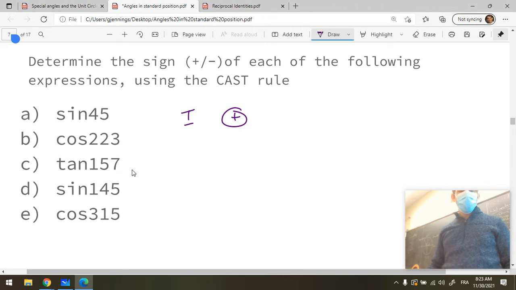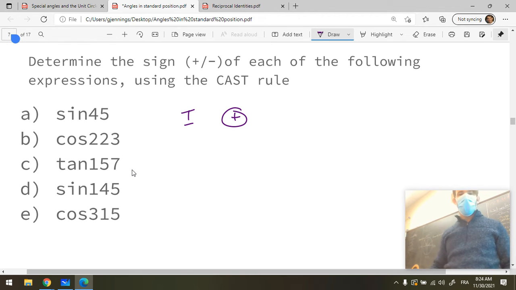Cosine 223. Which quadrant is that going to fall in? Third one, yeah. From your point of view, it's going to start in the first quadrant, go to 90, go to 180 through the second quadrant, and then down to 223 in the third quadrant down here.